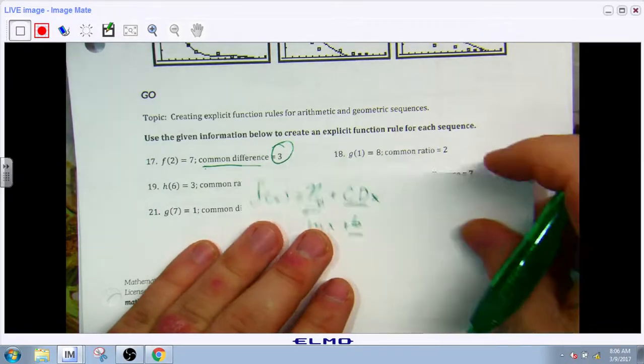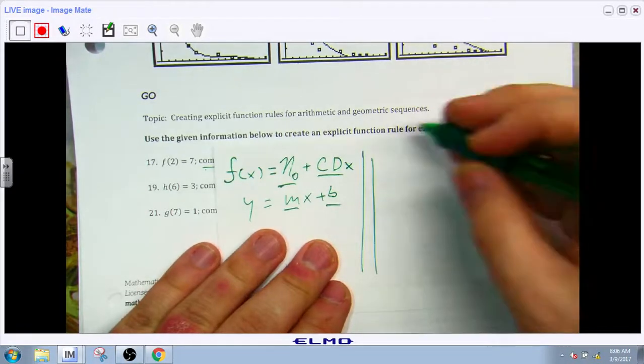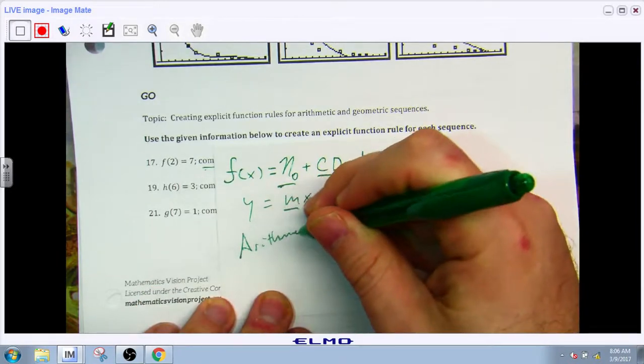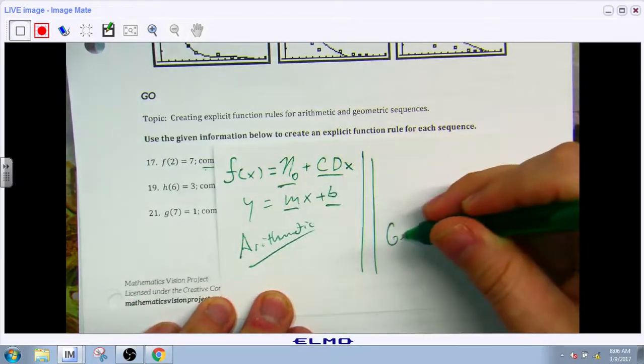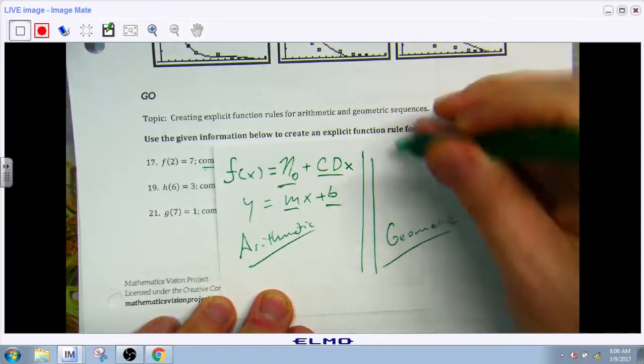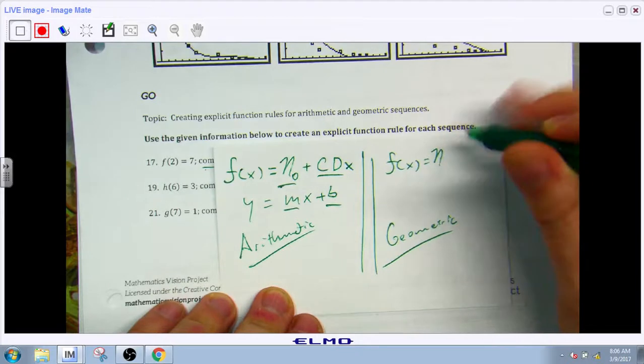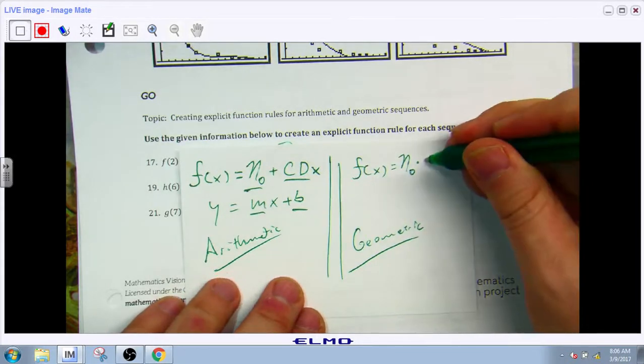Whereas when we're talking about geometric, f of x is going to equal n sub 0 times our common ratio to the x power.